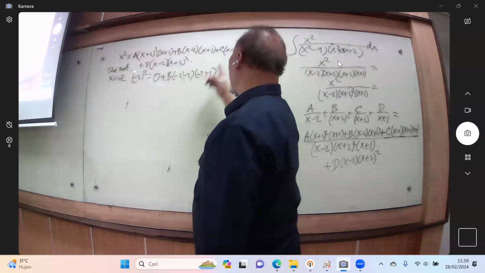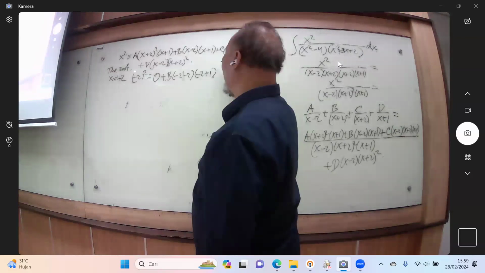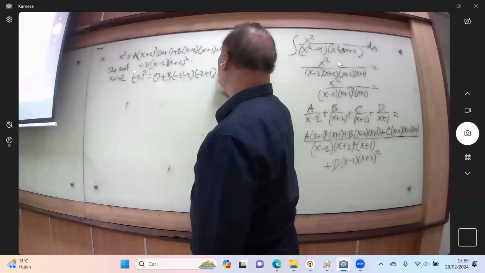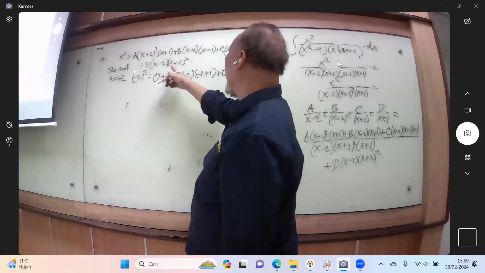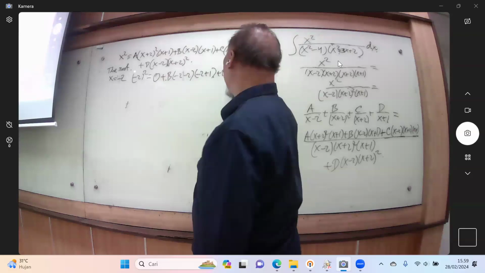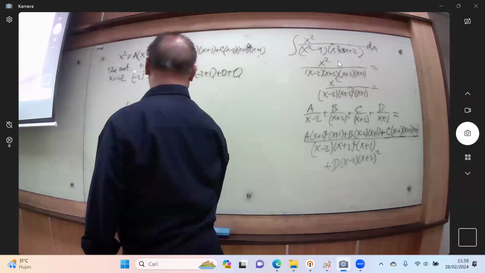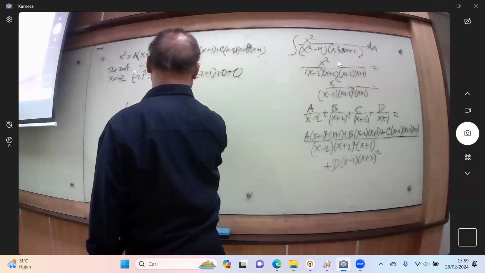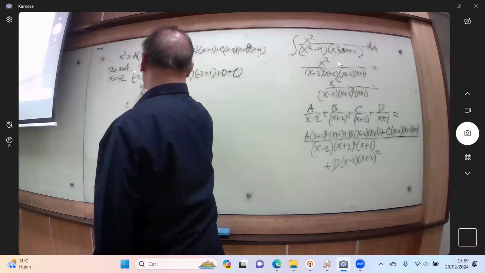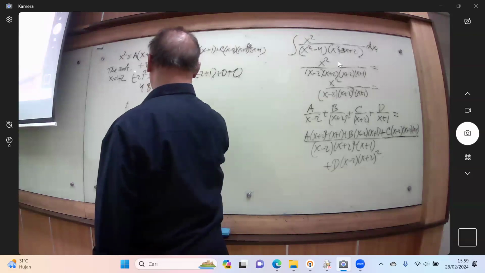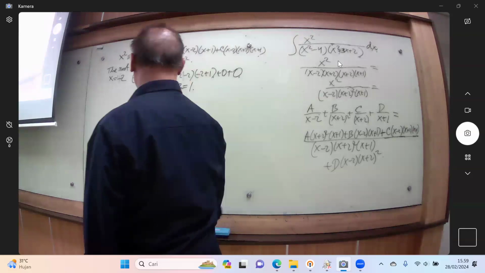For C, we have x plus 2, so that becomes 0, plus 0. This one contains x plus 2, then also plus 0. Then what we have now is minus 4, so B equals 1.